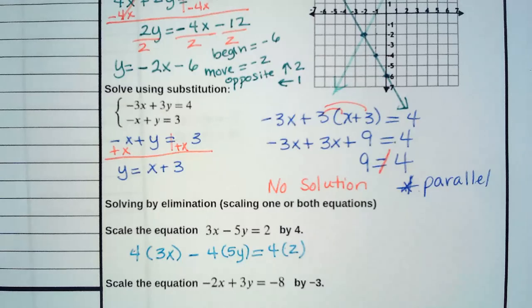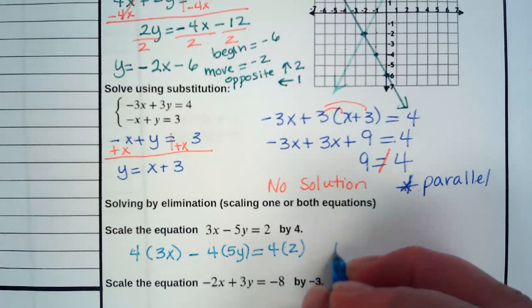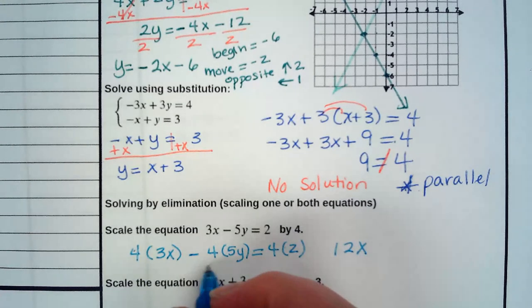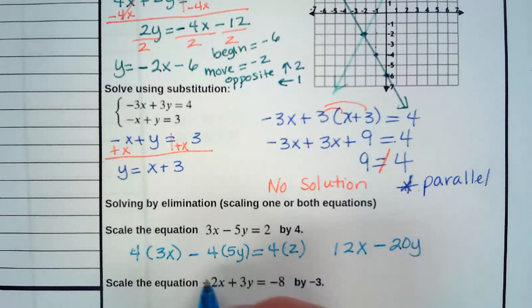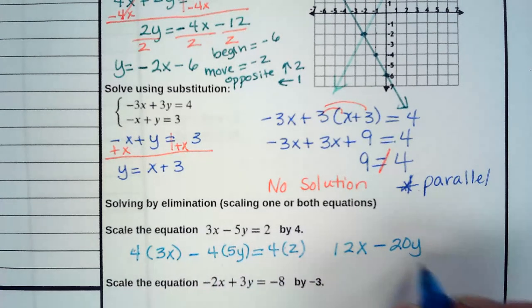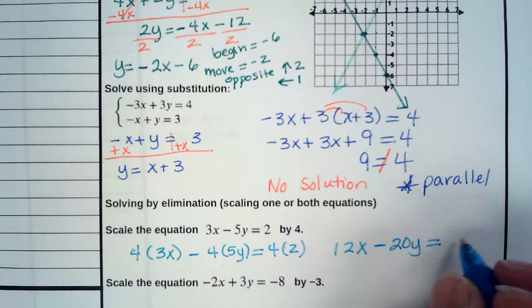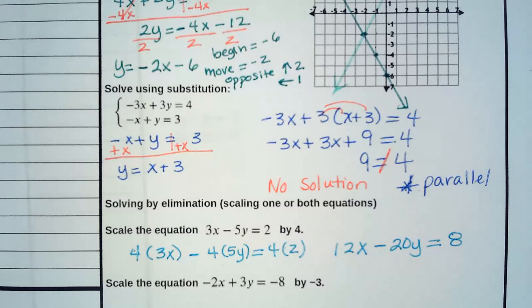You multiply every single term by 4. 4 times 3x is 12x. Negative 4 times 5y is negative 20y. 4 times 2 is 8. And that is what the scaled version looks like. These two, 3x minus 5y equals 2, and 12x minus 20y equals 8, are the same line.